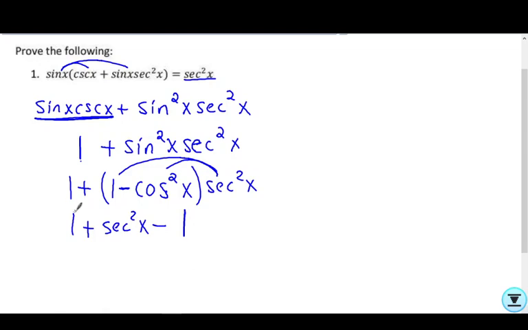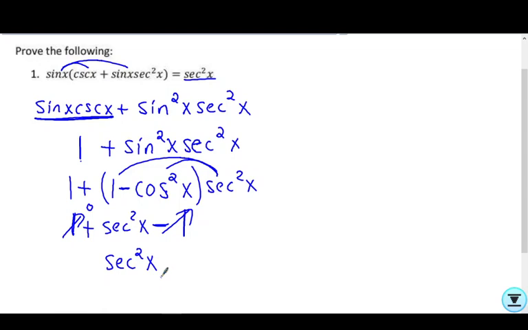Then I have 1 minus 1, which is 0, which leaves me with secant squared x. So that's one way of doing it.